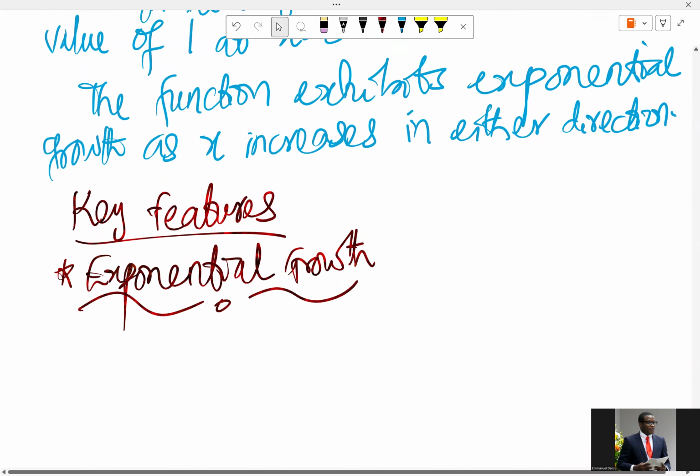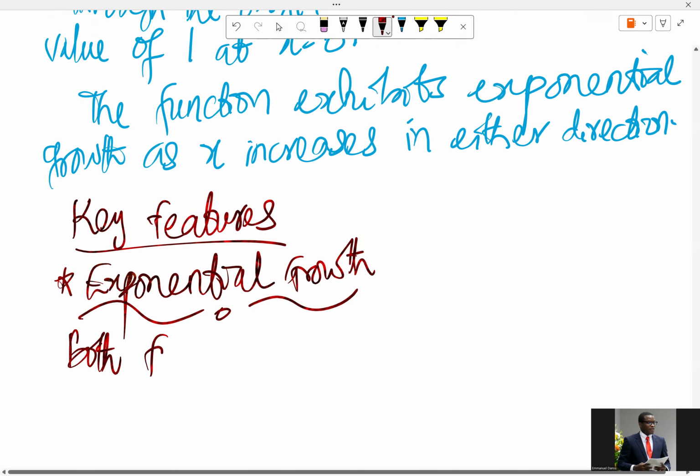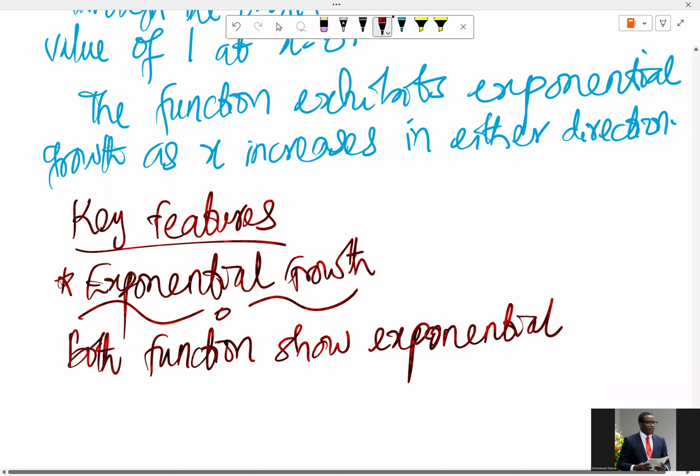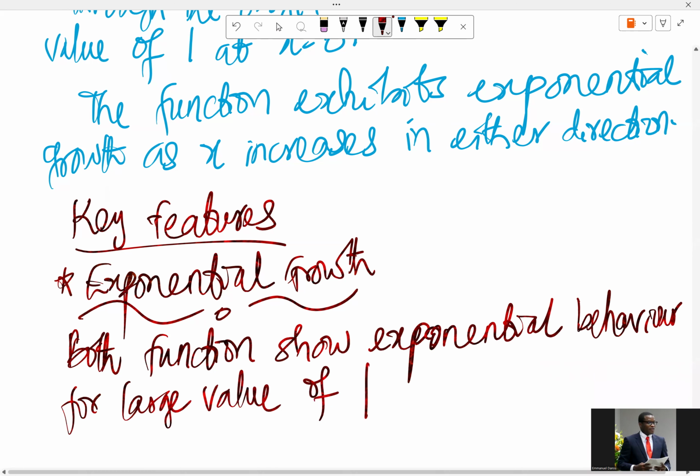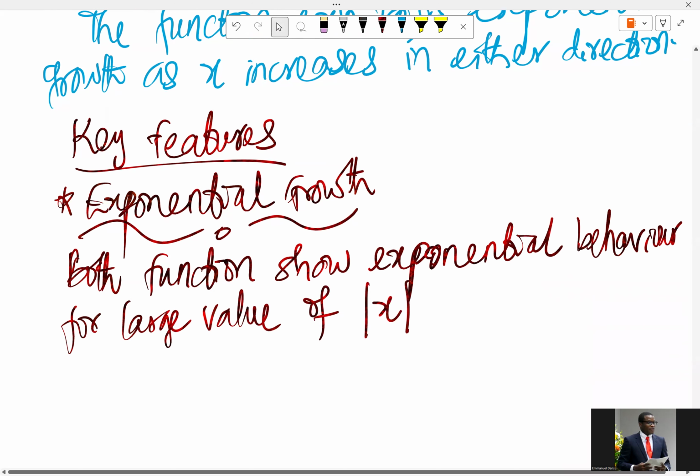Both functions show exponential behavior. Exponential behavior is the fact that the lines keep increasing in one way or the other. So both functions show exponential behavior for large values of the absolute value of x, whether it is positive or negative. That's why we have the absolute value of x. So both to the positive and negative side, they both have exponential growth.